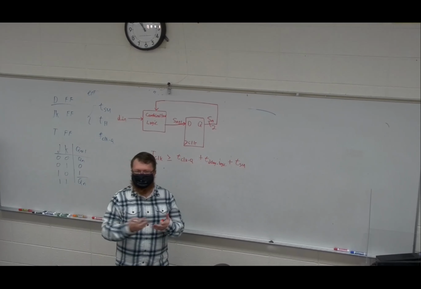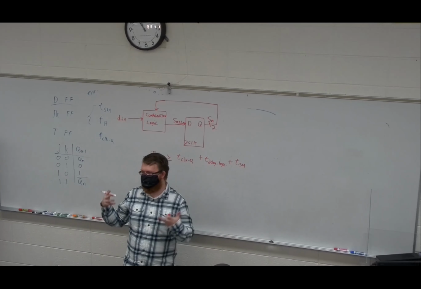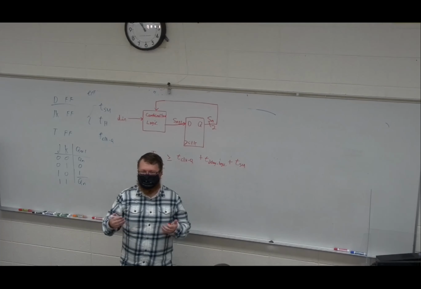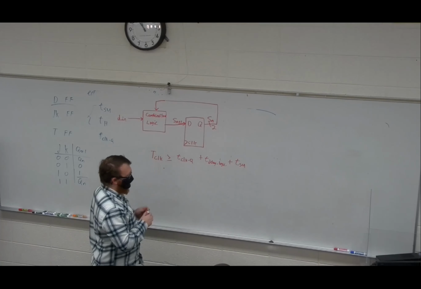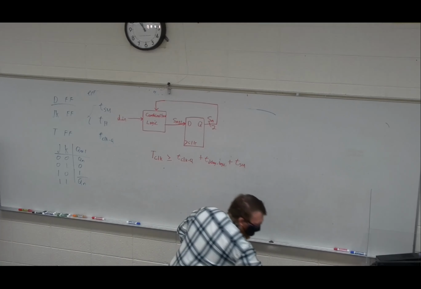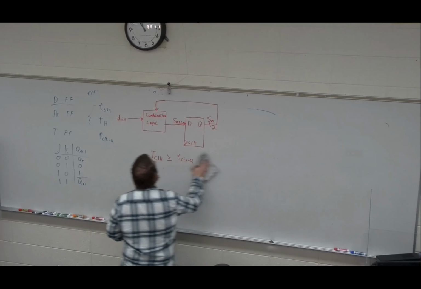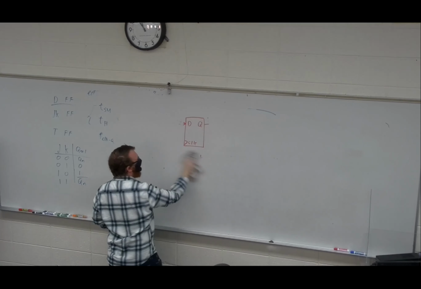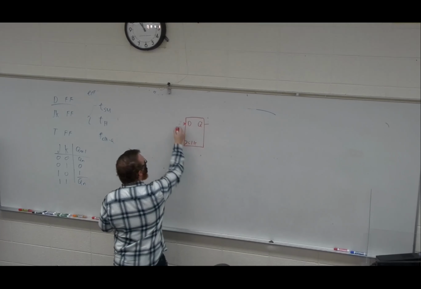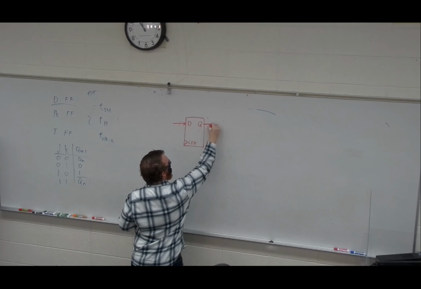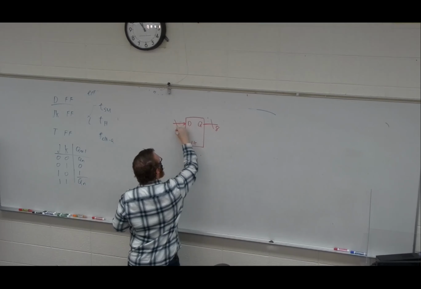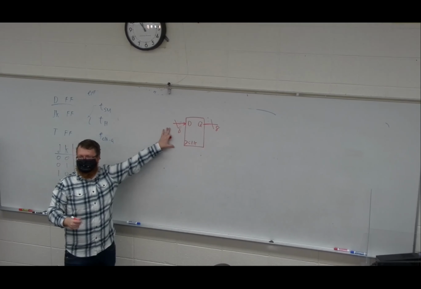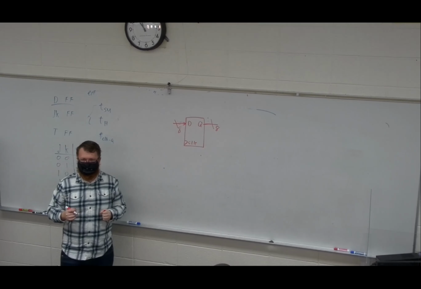So if you had some 8-bit number that you wanted to store to add to something later, you would store it in a register, which is just a series of D flip-flops, which we could represent like so, right? This is now an 8-bit register. I'm storing 8 bits to use later.